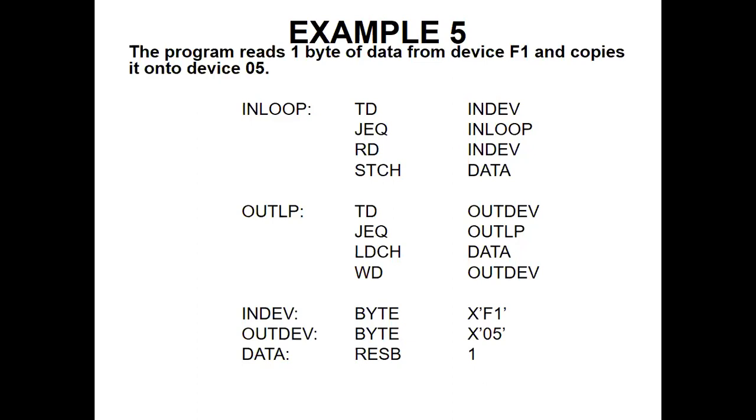That means if it is not ready, go to what we are labeling out loop. So you see where out loop is. That means that you continue with that loop until you get a positive answer. So when you get a positive answer, we are saying that you load the character from that memory location data.